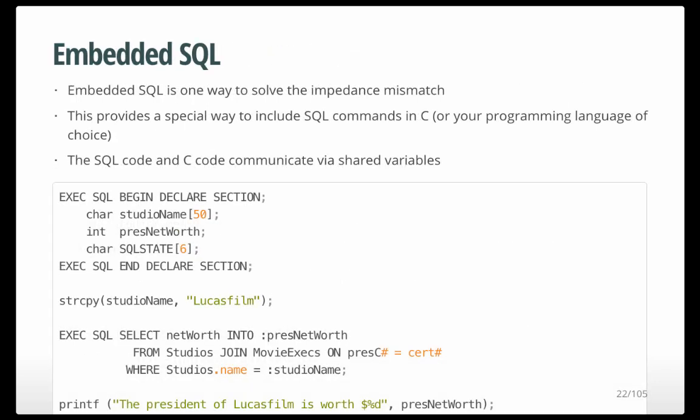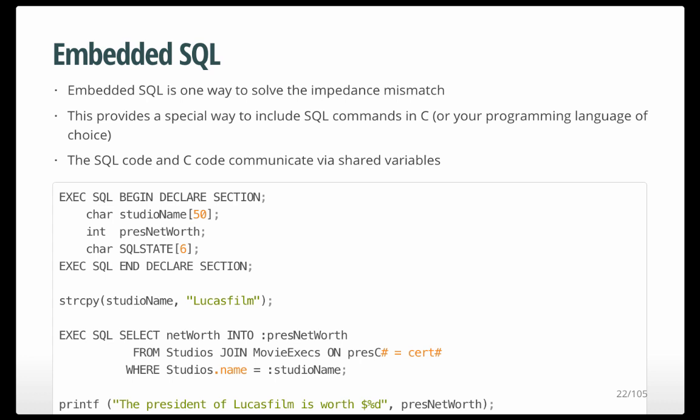Now, one way to solve it is with embedded SQL, okay? And that's why embedded SQL was so popular. So here's what embedded SQL looks like. We have a way to include SQL commands in C, and the C and the SQL communicate via shared variables. What you see here is at the top of the program, you have a declaration section where you put some variables that will be visible both to the SQL and to the C code.